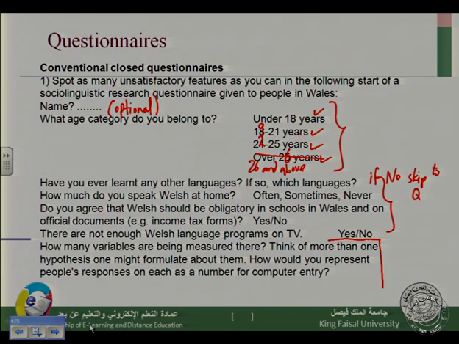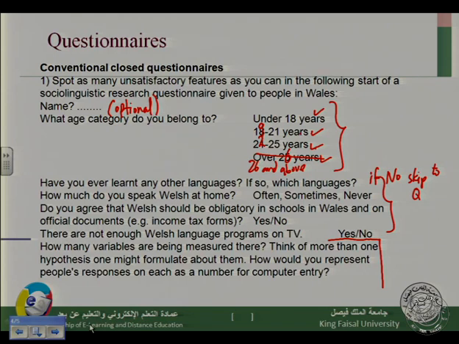Do you agree that Welsh should be obligatory in schools in Wales and on official documents, like income tax forms? Yes, no. The problem here is very, very deep. Why? Because starting with do you agree, it's like a leading question.